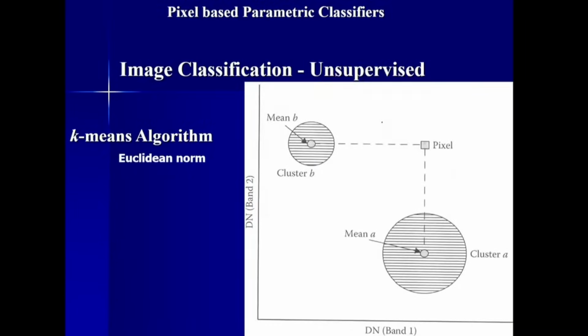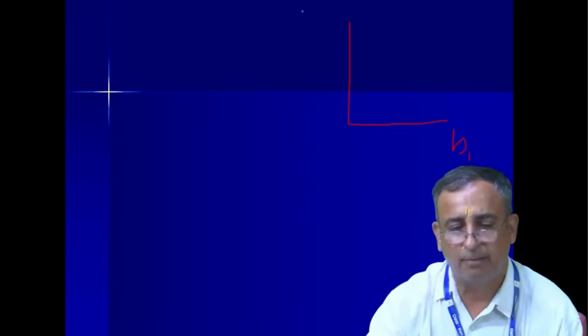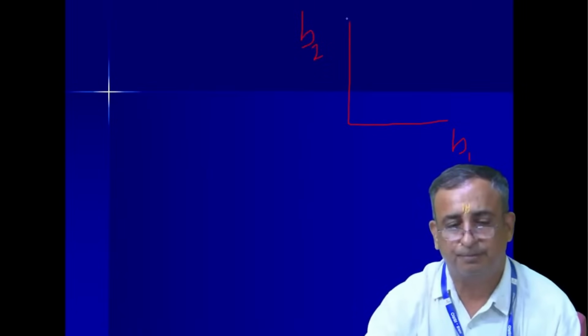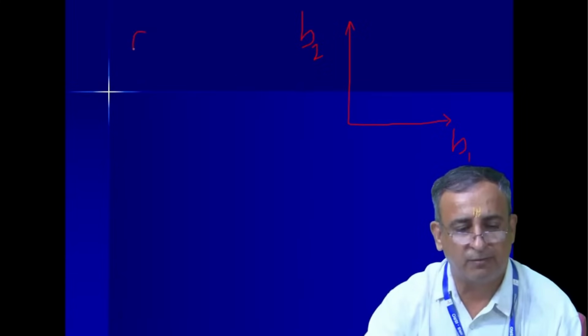So how the algorithm works, I can try to draw a little bit. Suppose you have a 2-band image, so you can plot band 1 on the x-axis and band 2 on the y-axis. Now since you are going unsupervised, you can decide the number of clusters.